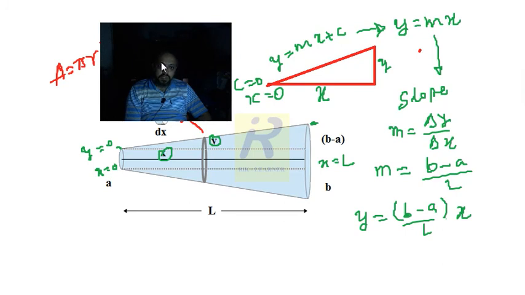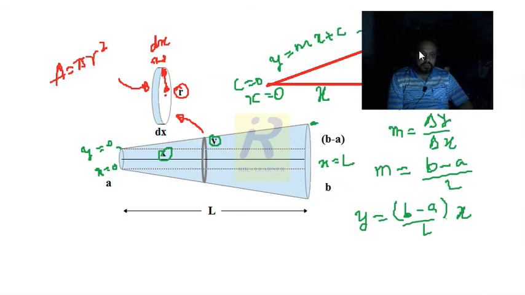Now what do I have to find? I have to find the radius of this circle. Now be careful, because the radius extends from this line to this line. This is the radius. So the radius is equal to, this width is a, so a plus y.